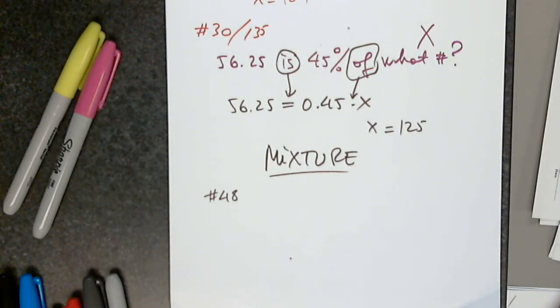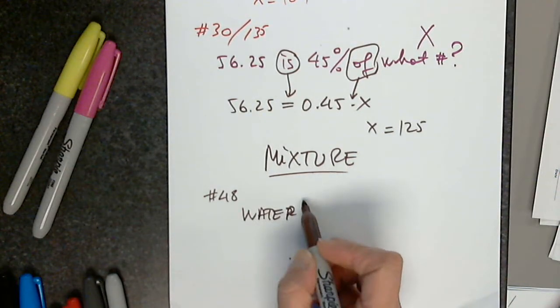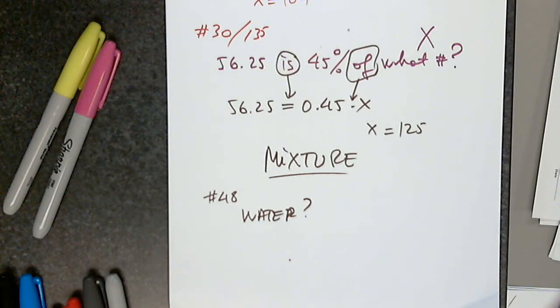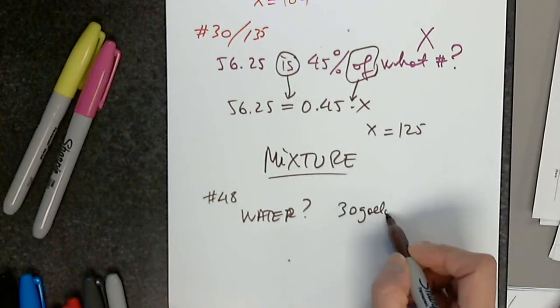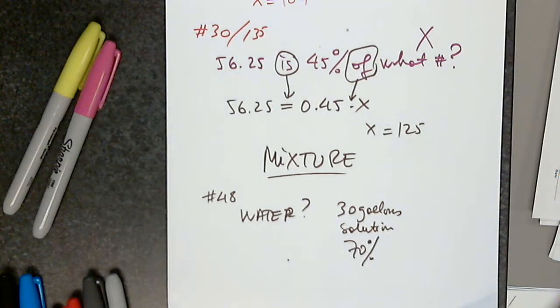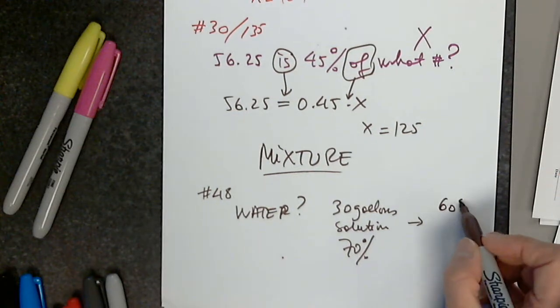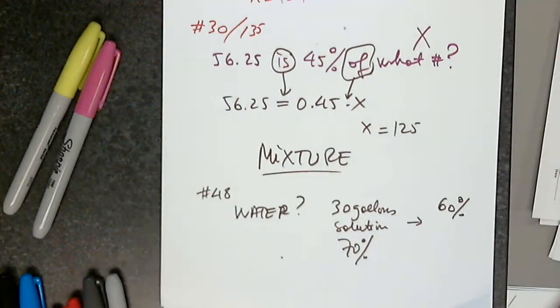How much water should be added to 30 gallons of a solution that is 70% antifreeze to get a mixture that is 60% antifreeze? I'm taking some notes when I read the problem so I don't have to go back to the book, right?